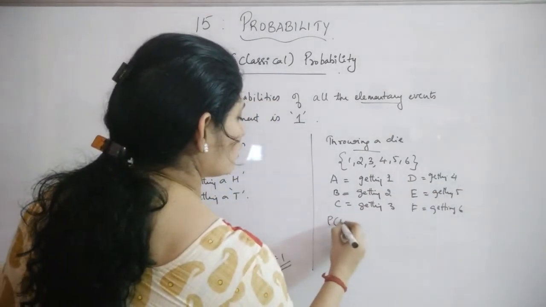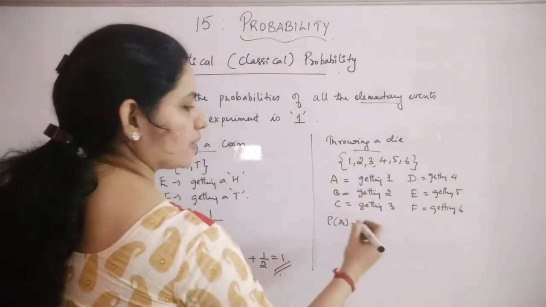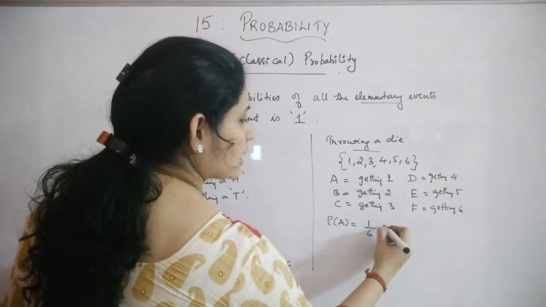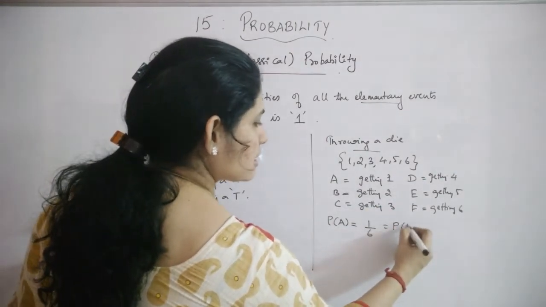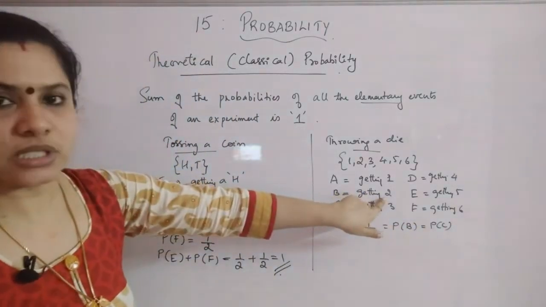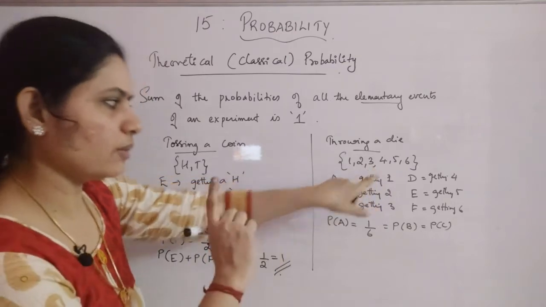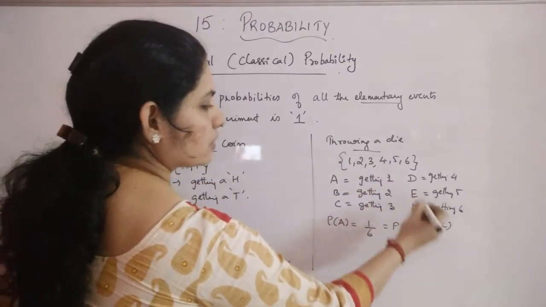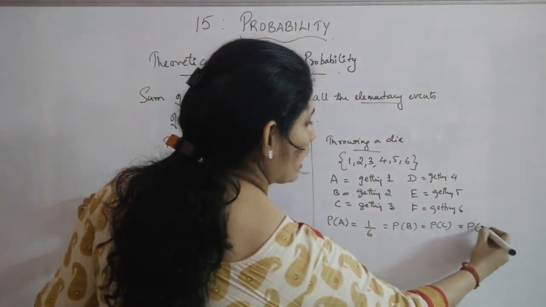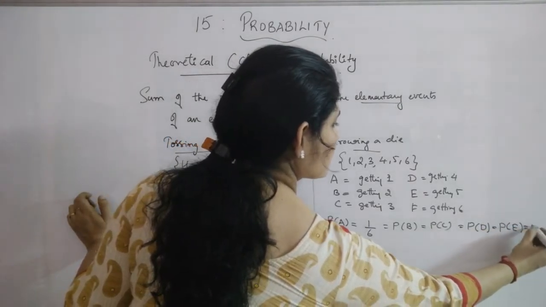Then what will be P of A? I will get 1 only one time, and total you have 6, so it is 1 by 6. Again P of B will be 1 by 6, P of C will be 1 by 6. Getting 2 is only once, so you will have 1 by 6. Again getting a 3 is only one time in the experiment, so all have the probability 1 by 6, right?